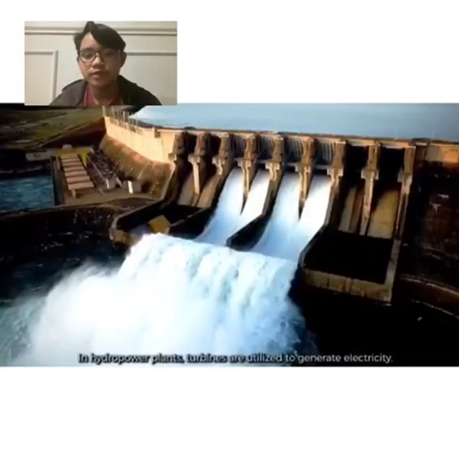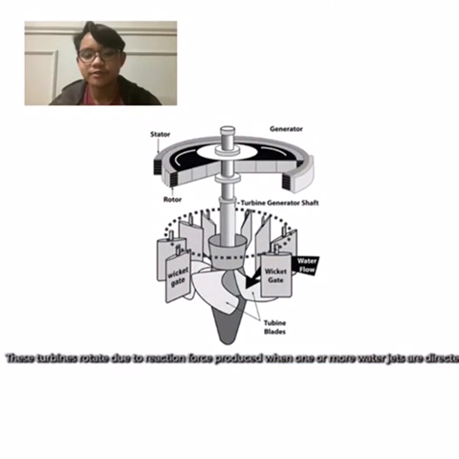Okay, so in hydropower plants, turbines are utilized to generate electricity. These water turbines rotate due to reaction force produced when one or more water jets are directed tangentially on vanes or buckets that are fastened to the rim of the turbine disc.